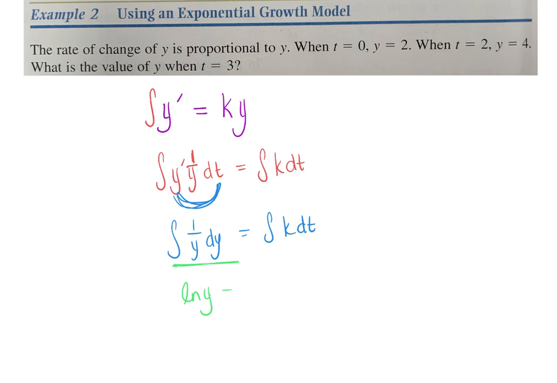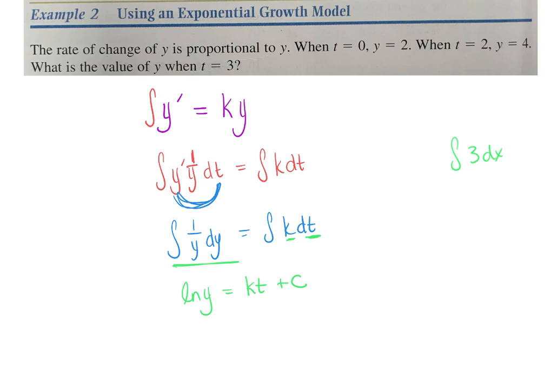Over here, I am going to get a constant. That's a number. What's the antiderivative of a number with respect to some variable? Like if I just had the antiderivative of 3 dx, what would my antiderivative be? 3x. So this is with respect to t, and my constant is k. So this is kt plus c, right?